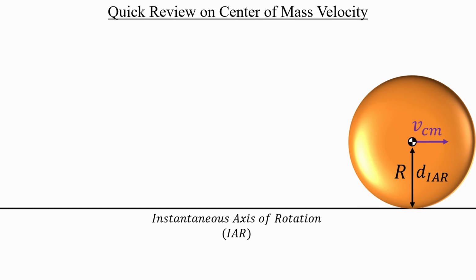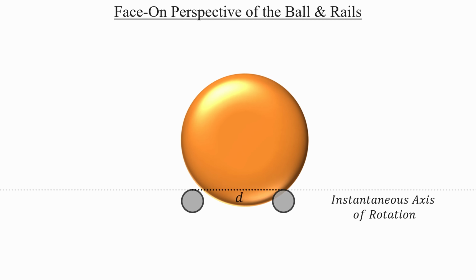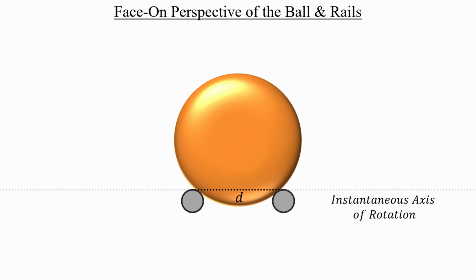This is why the center of mass velocity is normally expressed as R omega. But in our problem, we have a very different situation. That instantaneous axis of rotation has been pushed upward because of those rails. So d_IAR will be smaller than the radius.